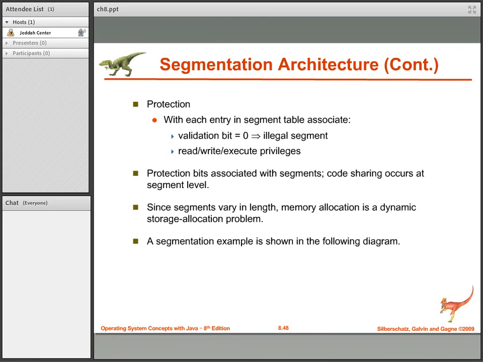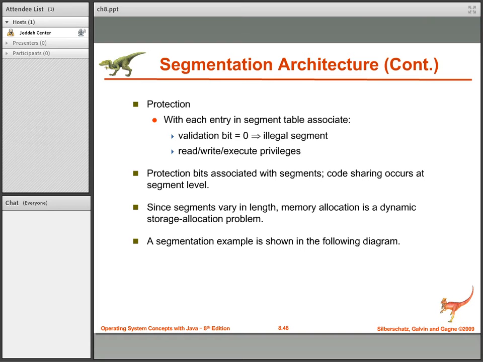The protection bits associated with the segments are also used. Code sharing occurs at the segment level. Since segments vary in length, memory allocation is dynamic storage allocation.